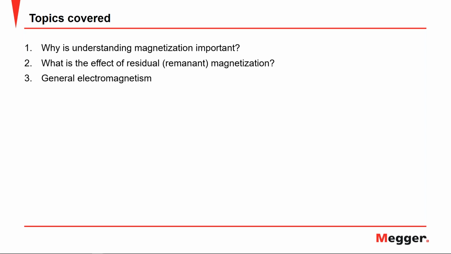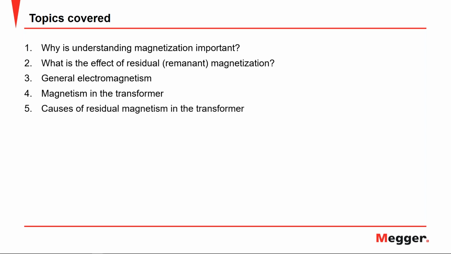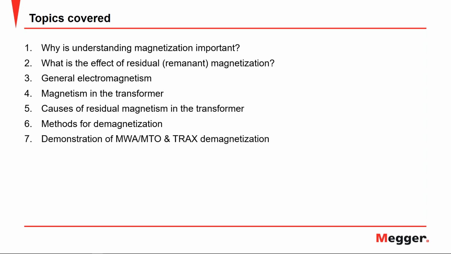We will then get into some general theories of electromagnetism, how magnetism is handled by transformers. We will then look at the causes of residual magnetization in the transformer, methods for demagnetization, which will include some demonstrations using the MWA and MTO and tracks from Megger. And then finally, we will recap on the topics that we covered here today.